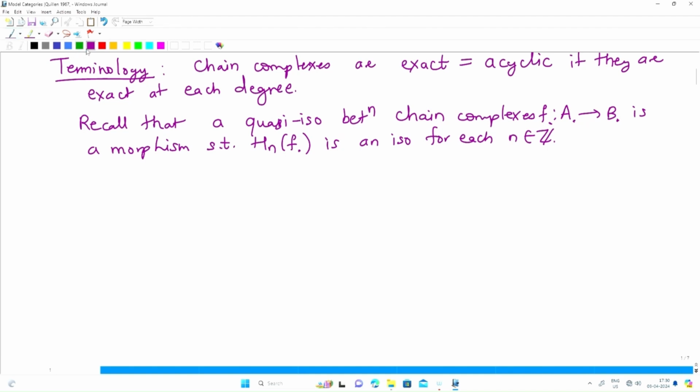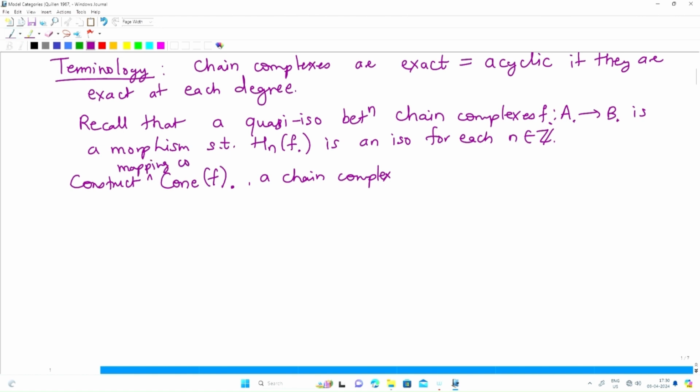And what we do for that is construct the cone of f dot, a chain complex. It's supposed to mimic the construction of the mapping cone.